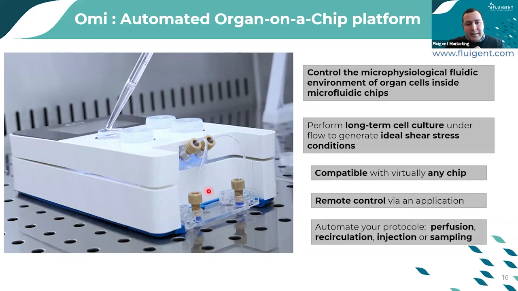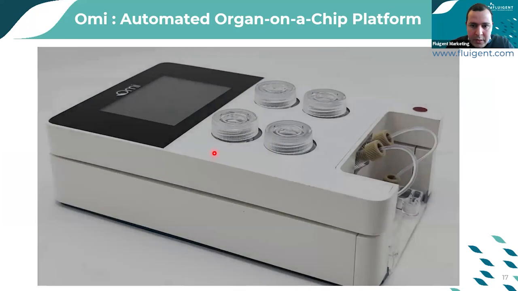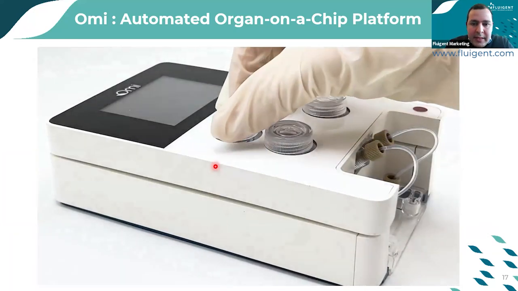It is also equipped with a remote control capacity with an application in order to automate all the processes. I will show you now a little video that describes how the OMI works.